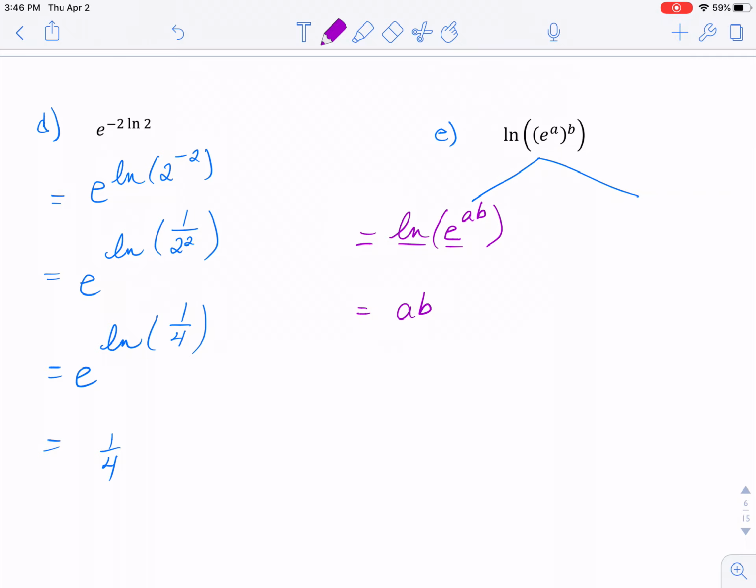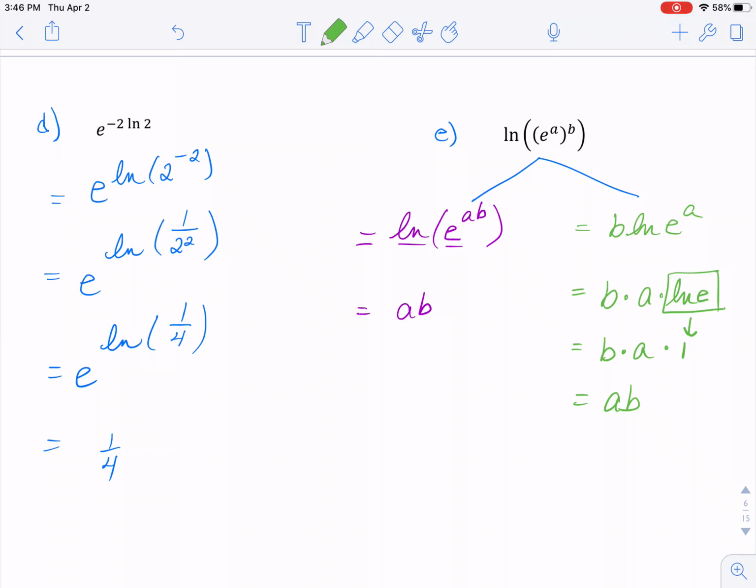We could look at it from the rules of exponents and just say, okay, well, that's b ln of e to the a, which is b times a times the ln of e, not ln of 2, ln of e. Now, again, same base, so that answer is 1. So we end up with b times a times 1, which is just ab. Again, 2 ways to look at the same problem.